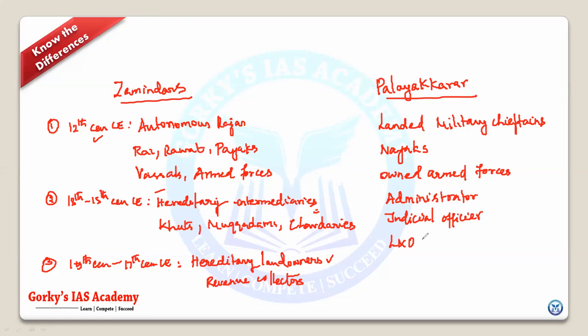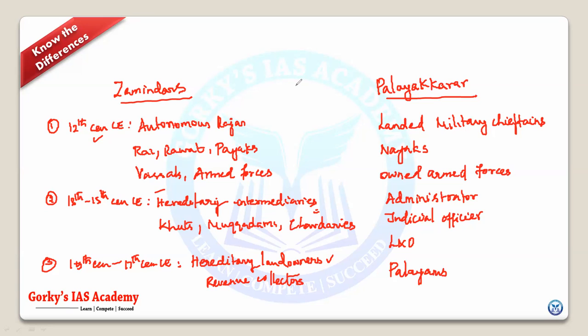So Palayakkarar were basically an owner of an armed force with a military capability, administrative capability, and judicial capability in the Palayams where they were appointed.